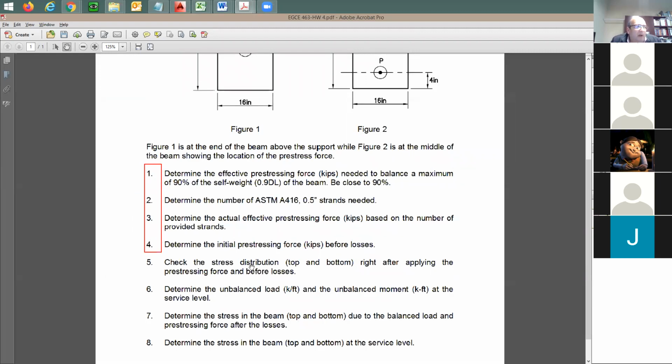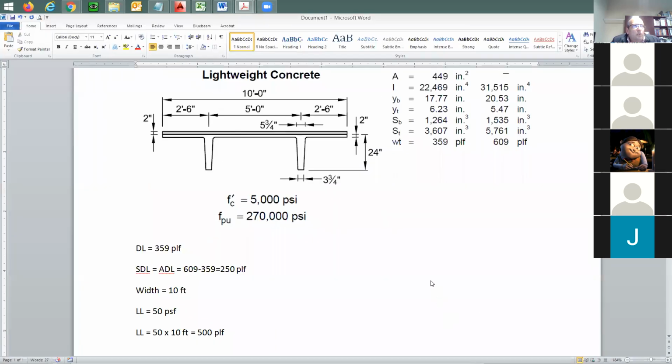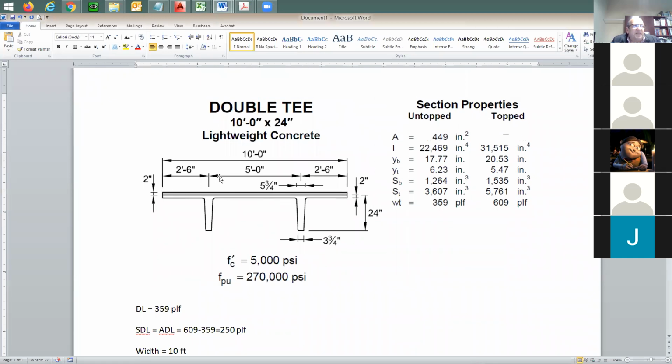When you apply the pre-stress force, would you have the topped or untopped section? This here is pre-tension, right? This can be done in the fabrication yard. Would you have the topped or untopped properties? Untopped. Why? Because it's being fabricated. It has just been fabricated, right?